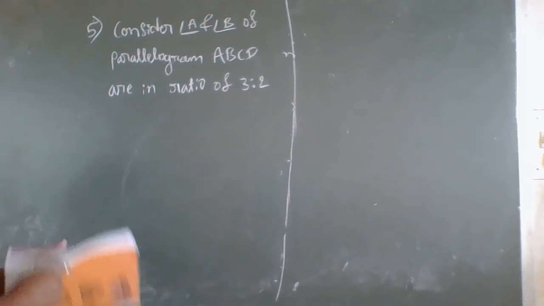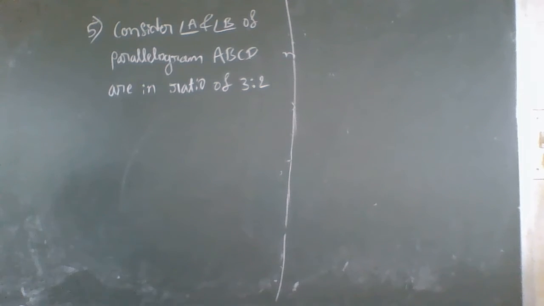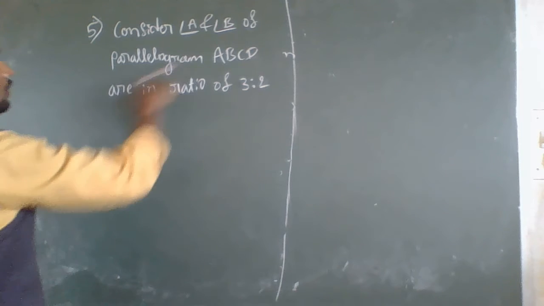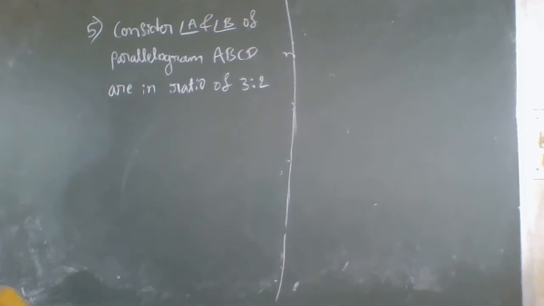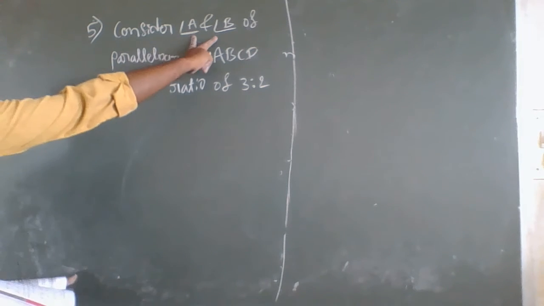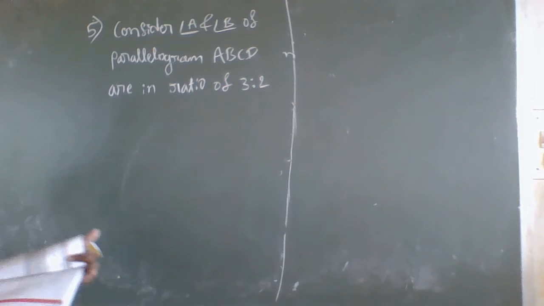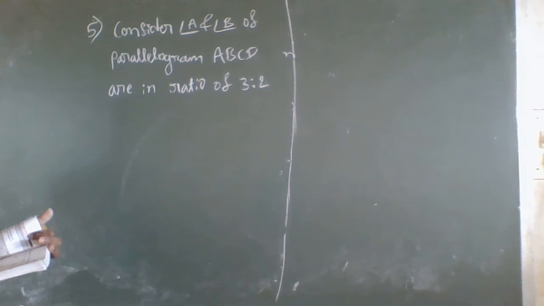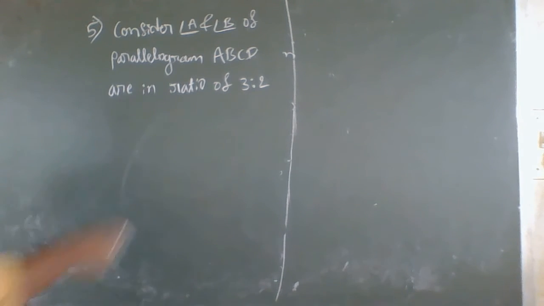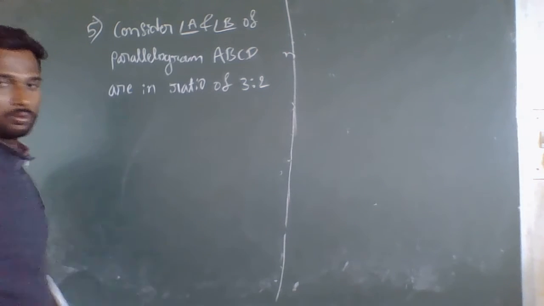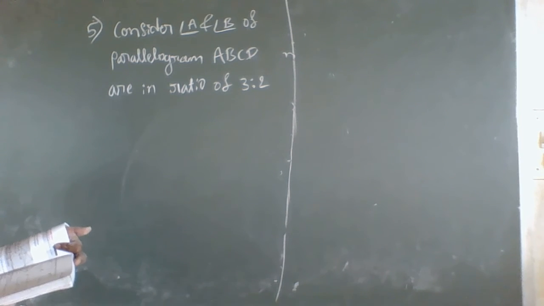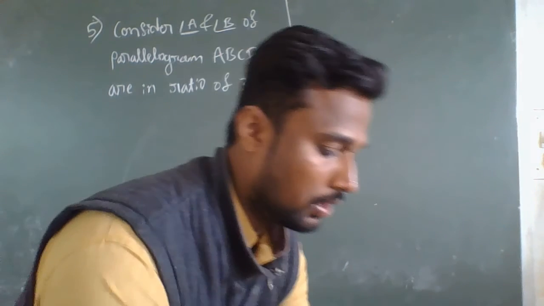So here we will consider two angles, angle A and angle B of parallelogram ABCD, are in the ratio 3:2, because they are given here in the problem as two adjacent angles. We have to find out all the angles of the parallelogram.